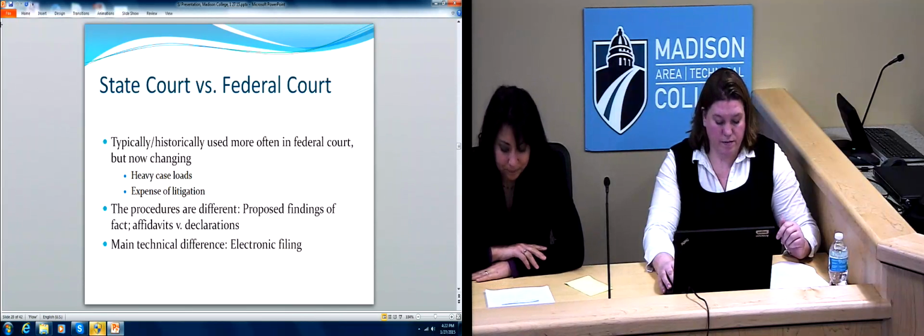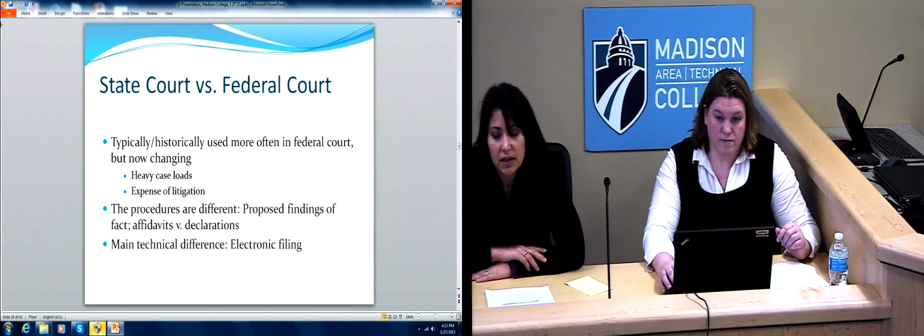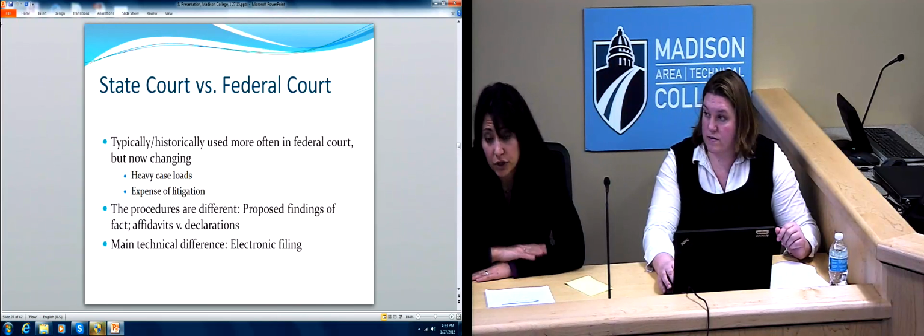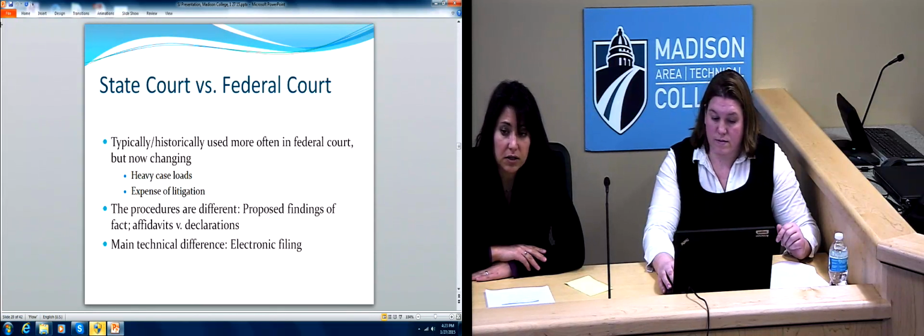But a lot of state court claims involve claims like negligence, like the car crash case that we talked about before. Usually cases like that are filed in state court, not always, but usually. And those are not the type of cases that are summary judgment cases because there's always going to be a disputed fact.